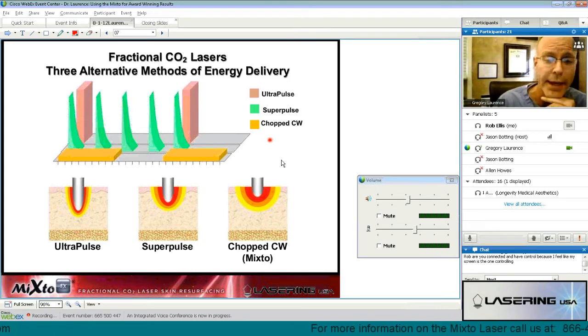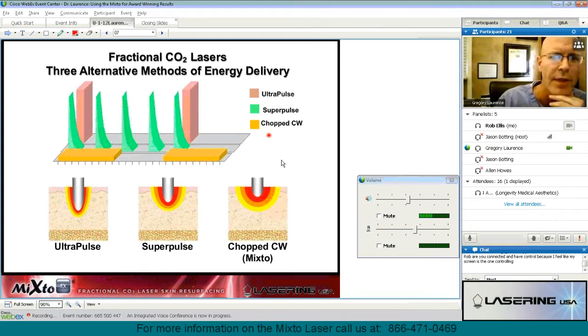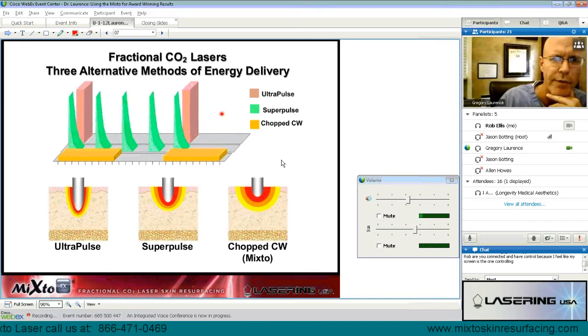The old CO2 lasers had a scanner just like the ones we have now, except when they scan, they hit all the tissue with basically these overlapping donuts. So this is kind of important from the standpoint of you as a clinician understanding what's happening with the energy.